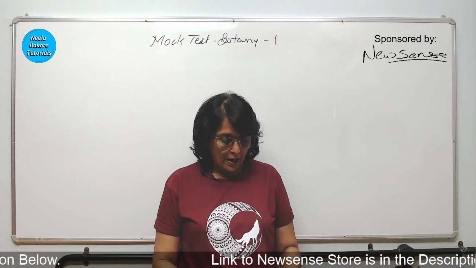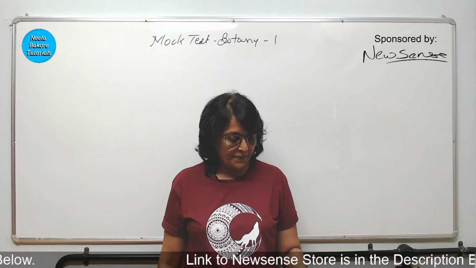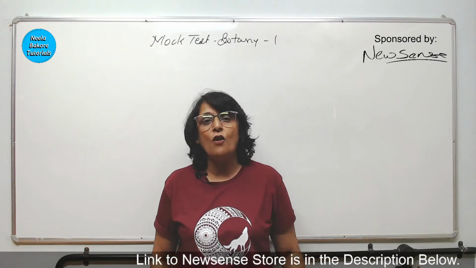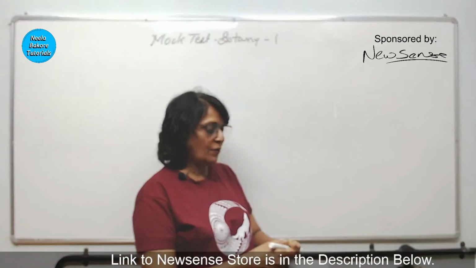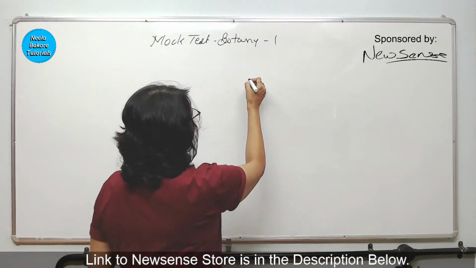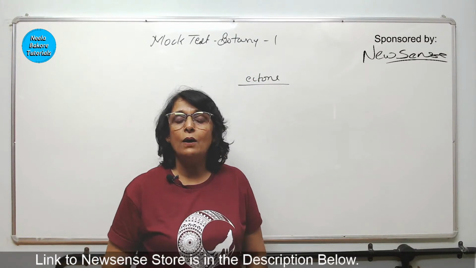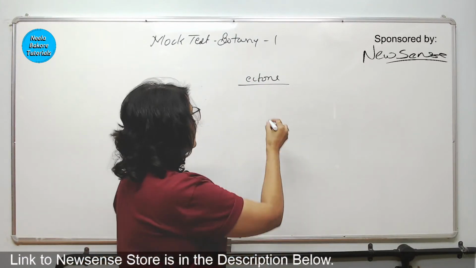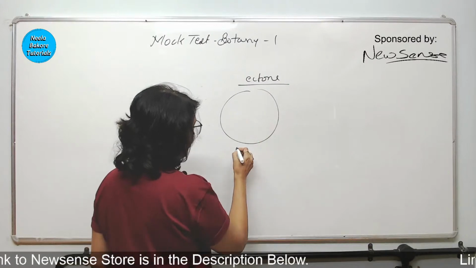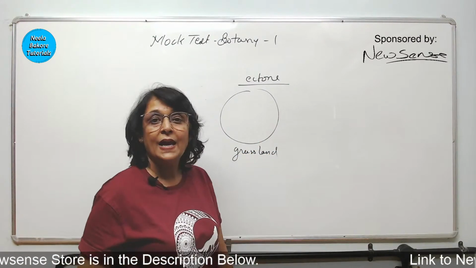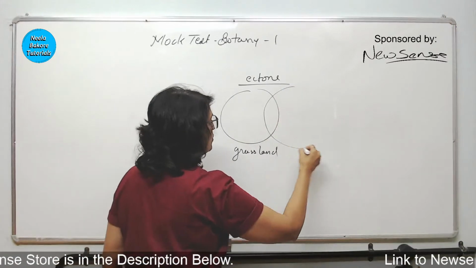Okay. I am on 15th question. The increased number and density of species in the region of ecotone. Now, here we need to know what is an ecotone. When we talk about ecosystems, suppose there is one ecosystem, say a grassland ecosystem, and there is a forest ecosystem.